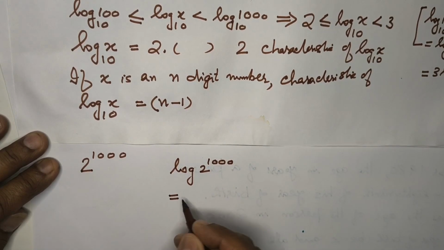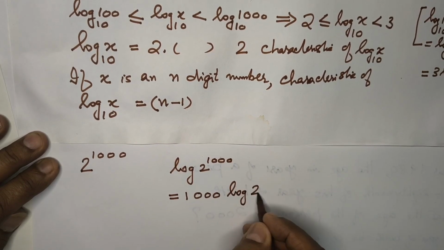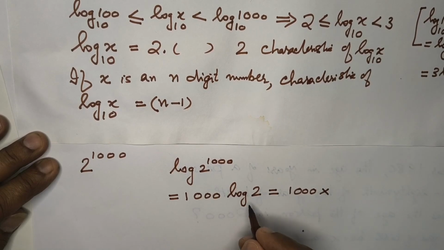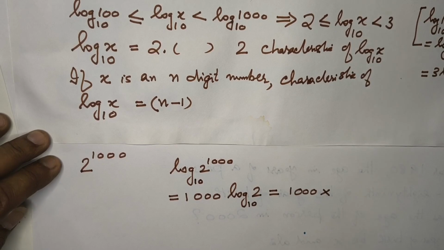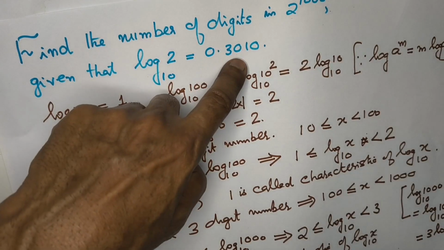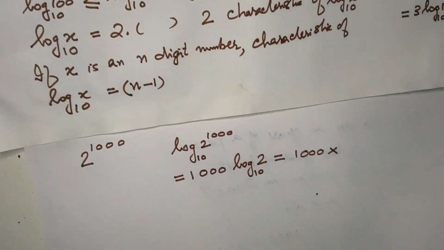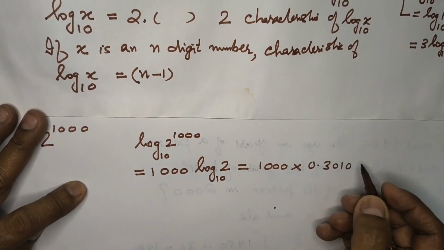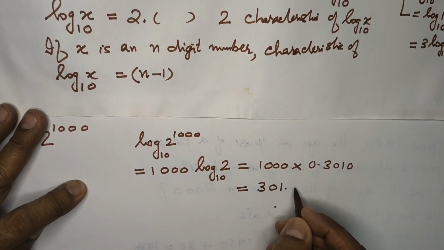Using power rule, 1000 comes down, log 2 to the power 1000 equals 1000 into log 2, to the base 10, of course. Log 2 to the base 10 is already given in the problem to be 0.3010. Let's substitute that value here. 1000 into 0.3010, this on multiplication, you will have 301.0.